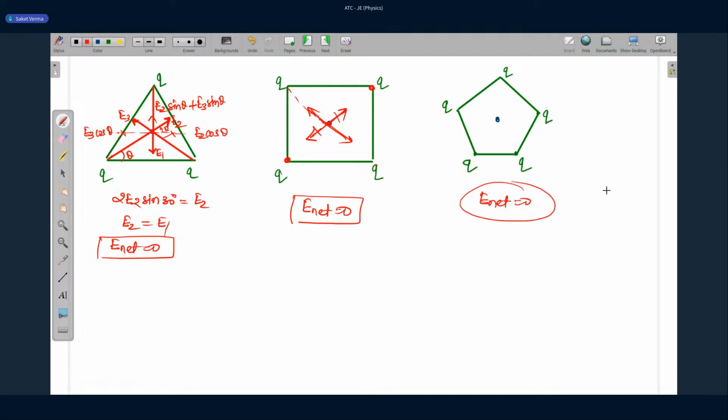In the pentagon too, you calculate the angle as we did in the triangle, you will get the same thing, and the net will cancel. So whenever there is a regular polygon and charges of equal magnitude are placed at its vertices, the net electric field at its center is always 0.